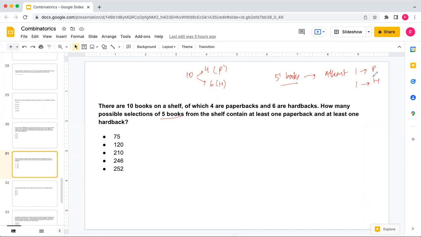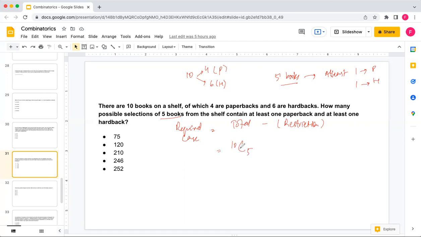So if I solve this the restriction way, our required case will be the total options available minus the restrictions. What is the total? I have 10 books and I need to choose 5 out of those 10.